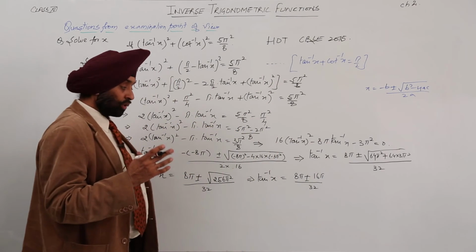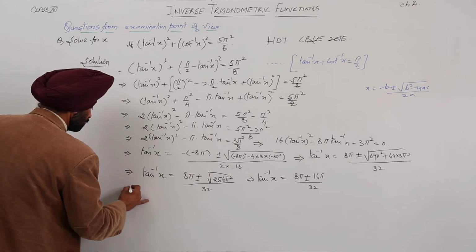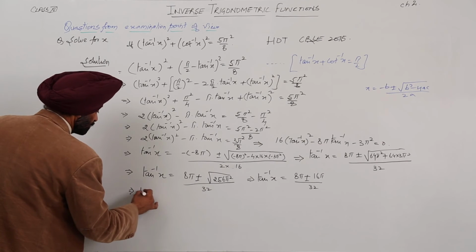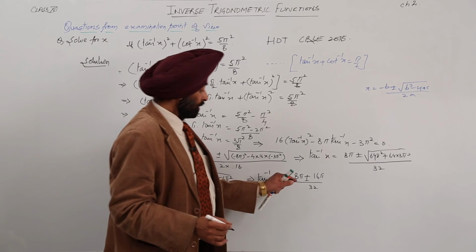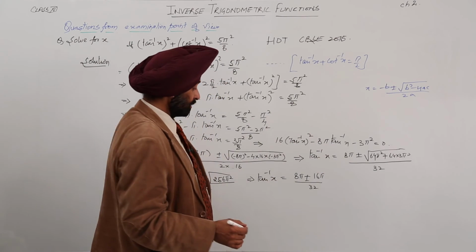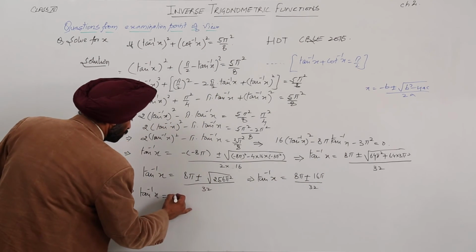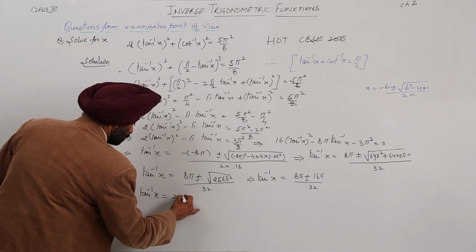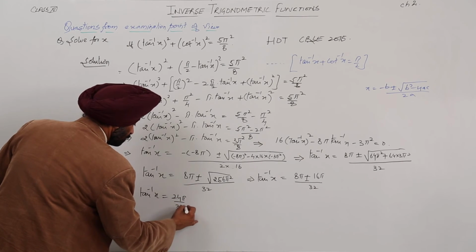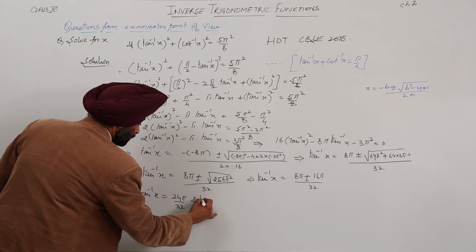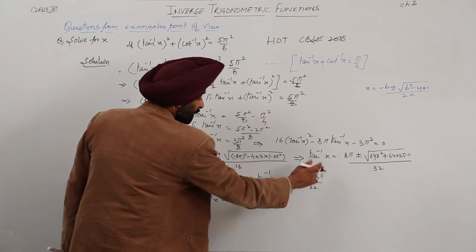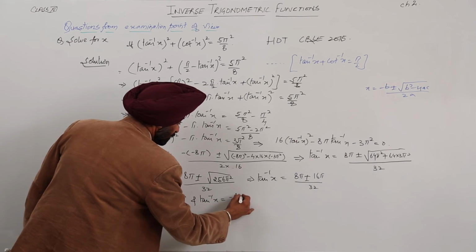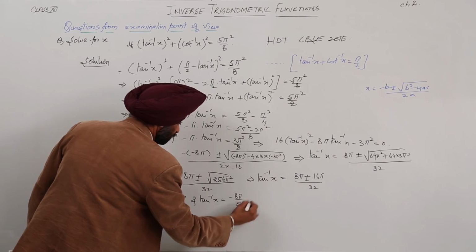Now finally what are we getting here? tan inverse x is equal to 8 pi plus 16 pi, that is 24 pi by 32, and tan inverse x is equal to 8 pi minus 16 pi, that is minus 8 pi by 32.